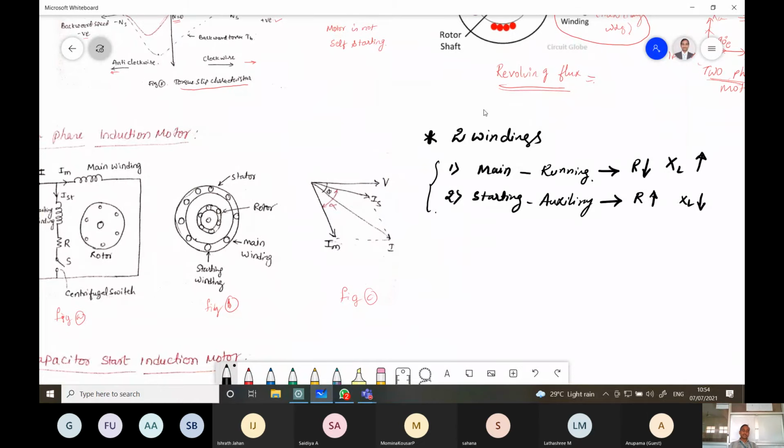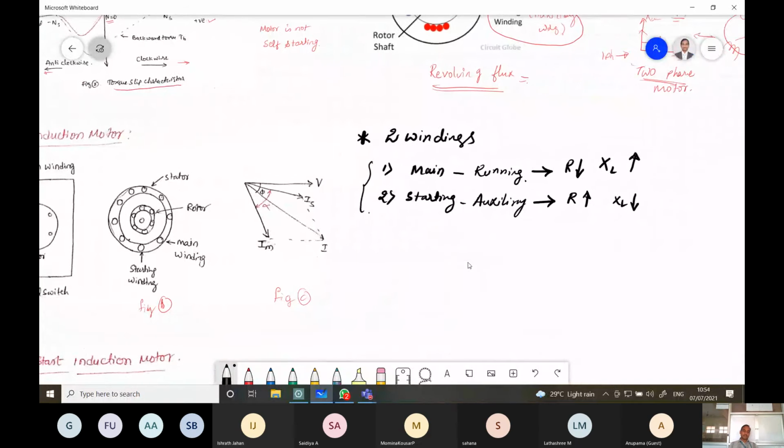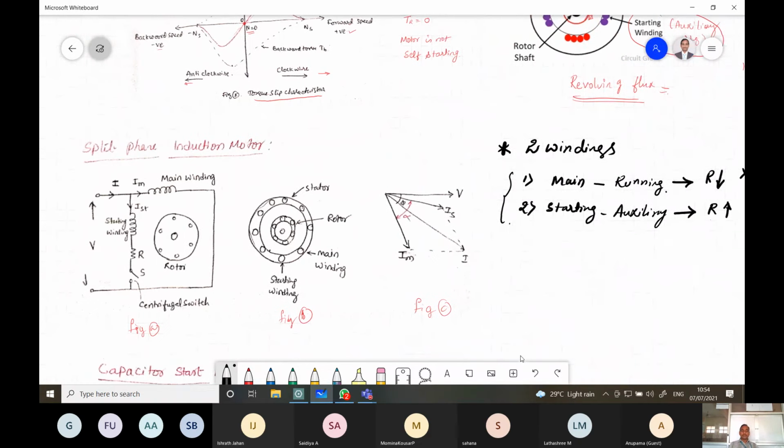The resistance of the starting winding may be increased by connecting a high resistance R in series with it. If you want to increase the resistance of the starting winding, how can we do it? By providing an external resistor connected in series, we can increase the resistance of the starting winding.